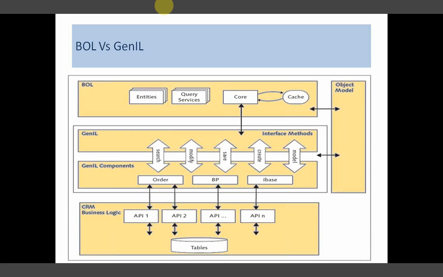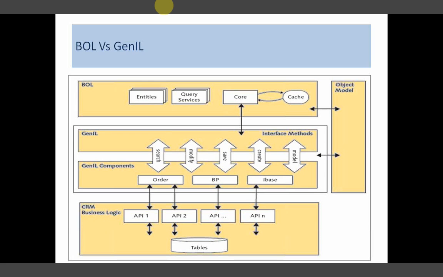Now from a model, BOL will accept the request data, and it determines what type of request it is, whether it is a query service or entity. Here on a BOL layer you can see query service and entity.